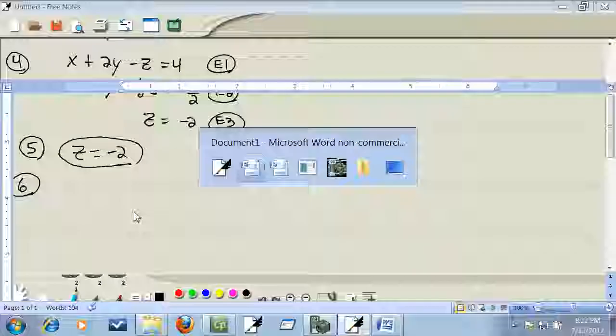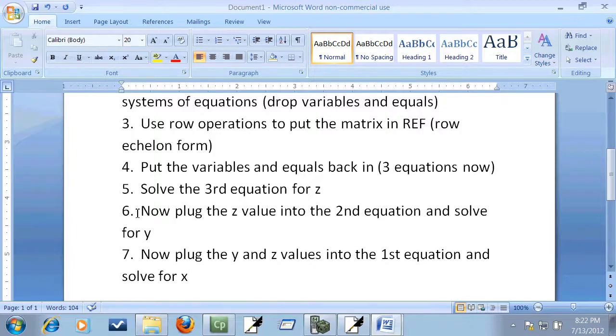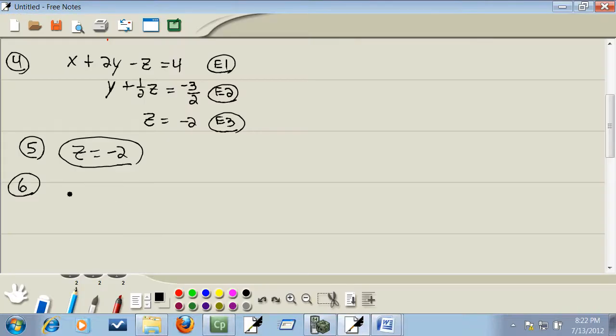Step 6 says now plug the z value into the second equation and solve for y. Our second equation was y plus 1/2 z is equal to negative 3/2. And we just said z was negative 2. So I'll put the negative 2 in for the z.